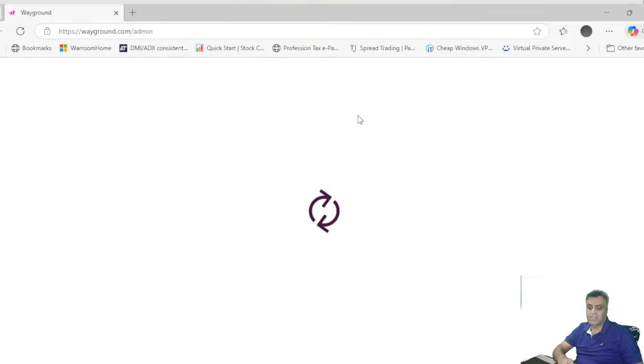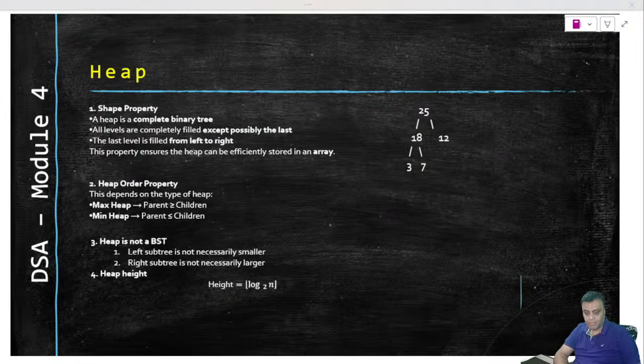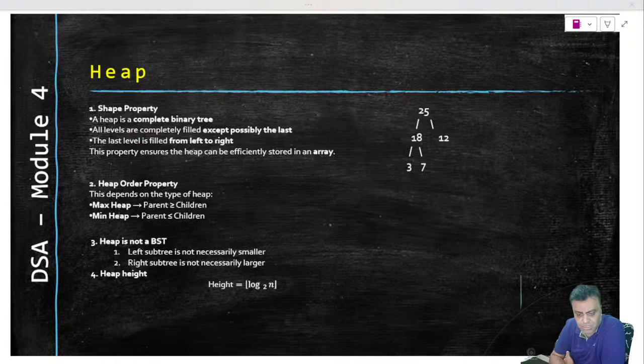So let's move on to the last part of sorting, where we will talk about heap, and then we will quickly cover the complexity of various kinds of sorts and move on to the Q&A of heap, and after the Q&A of heap we will cover the frequently asked questions in your universities. So heap, I had already talked about heap at length in the last marathon session.